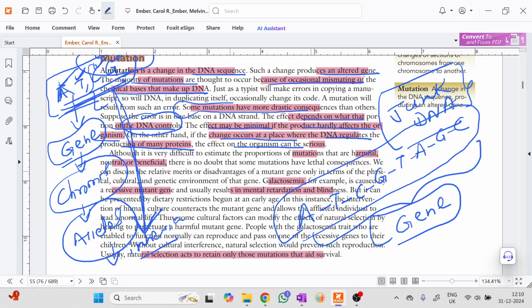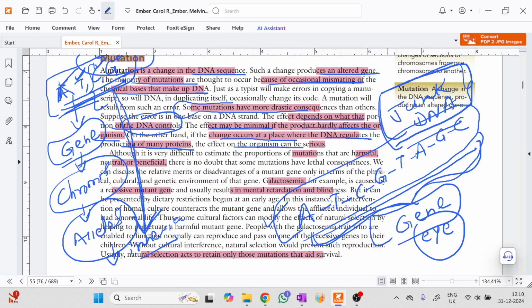If this portion of the DNA is a gene for the eye, and it is mutated, then it will have lethal consequences. But if the same repetition of DNA does not code for anything, if it is not for protein synthesis or any particular trait, it is just a simple unit, and our DNA contains a lot of junk DNA.